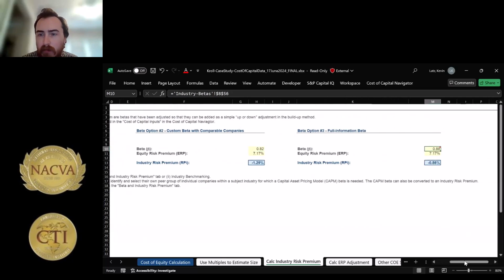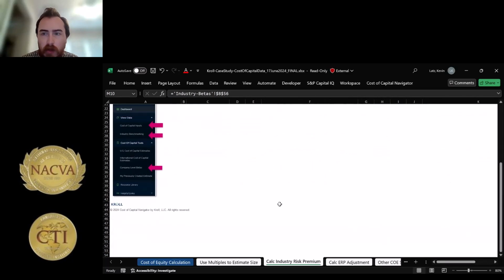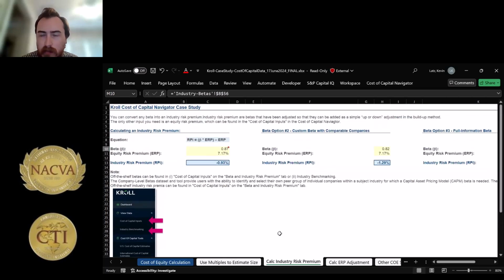And then again with the full information beta. So this is a useful tab to have on you if you forget where do I find an industry risk premium, how is it calculated? This is right here. And then you could always use this to plug in your own numbers and get that industry risk premium. So go ahead, Carla.